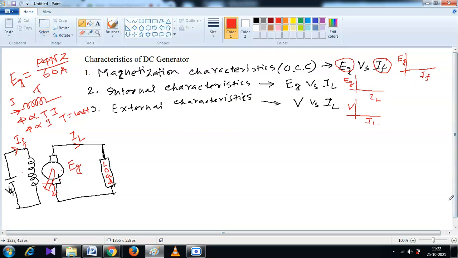Suppose we make a plot between EG and IL.